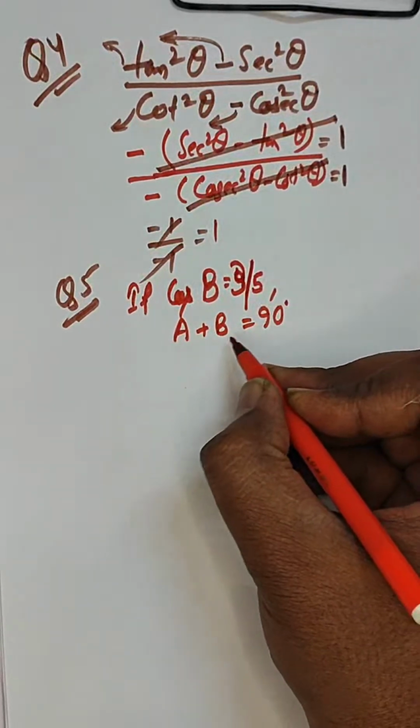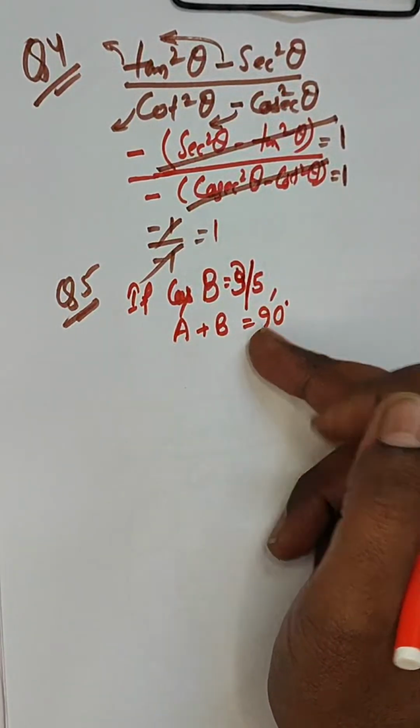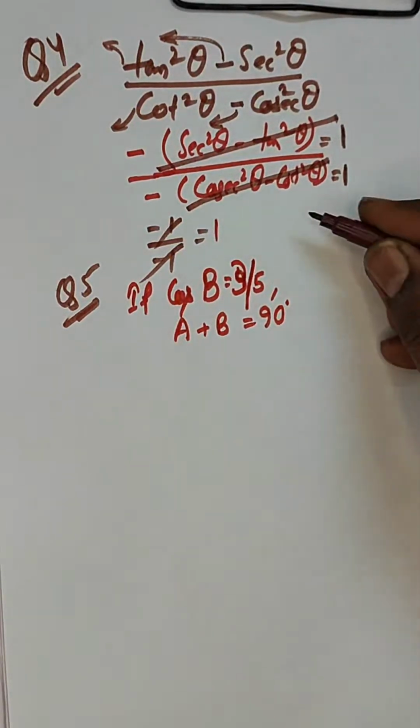That means the complementary angle concept is given to you. These angles a and b are complementary. What does it mean?